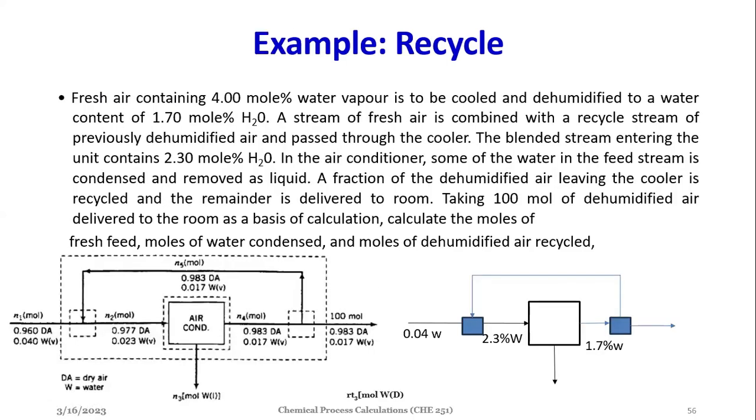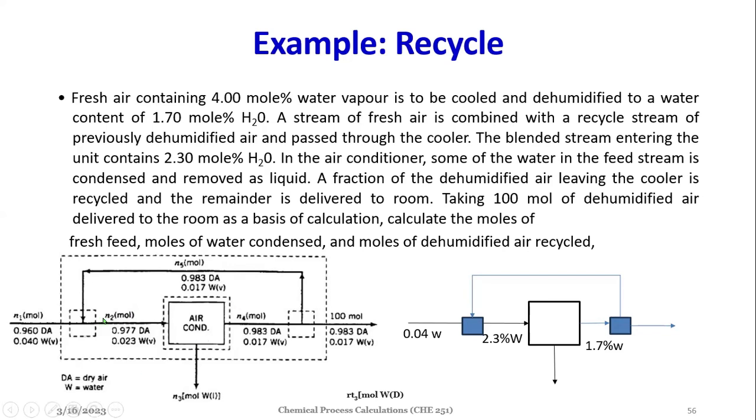And if you look at the cooler itself, that's this unit over here where we have the air conditioner written, if I look at the balance around it, the feed to it is N2 and the outlet is N4 and N3. So my overall balance is N2 should be equal to N4 plus N3.